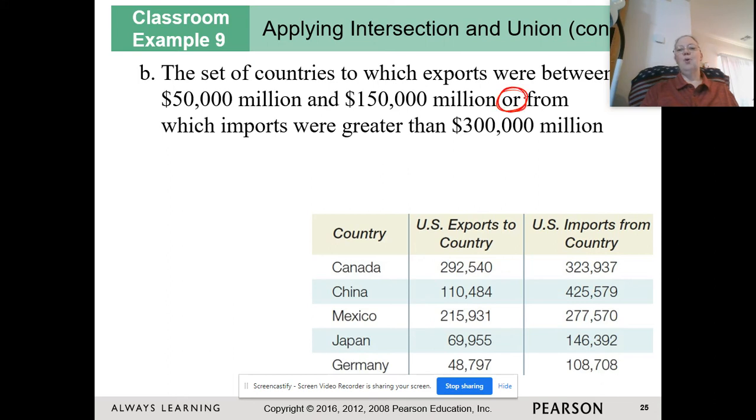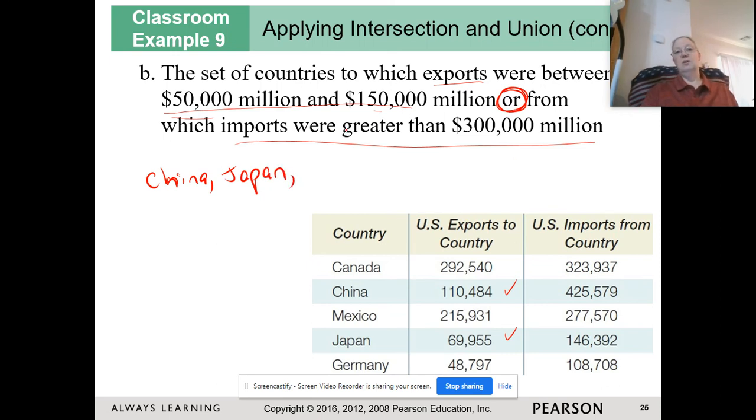This time we're doing or. So we're going to take everything that satisfies this condition. We're also going to take everything that satisfies this condition. So exports have to be between 50 and 150. That would include this one, China and Japan.